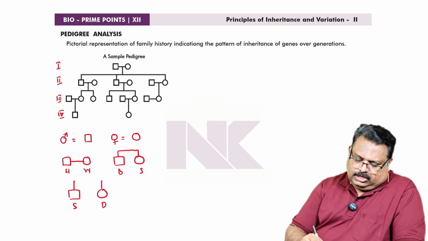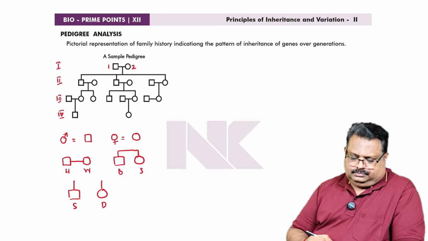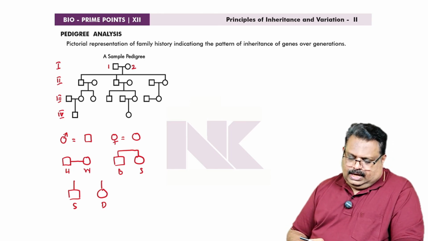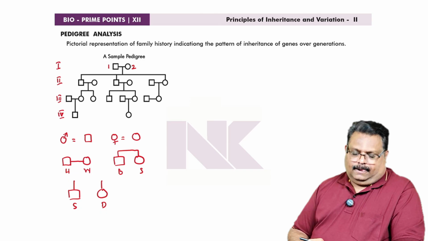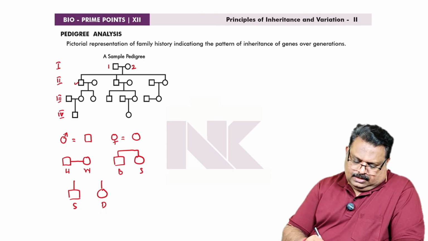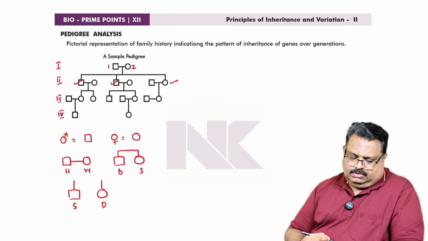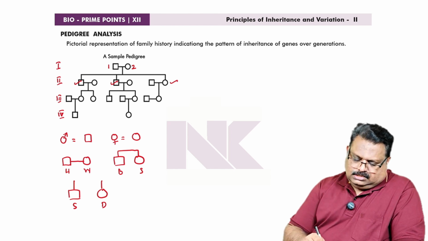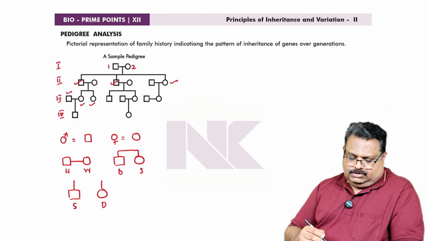In the first generation there are only 2 members. They have 3 children. The first child is a son, the second child also is a son, and the third child is a daughter. The first son has 2 daughters, the husband of the first daughter, and this is the grandson.